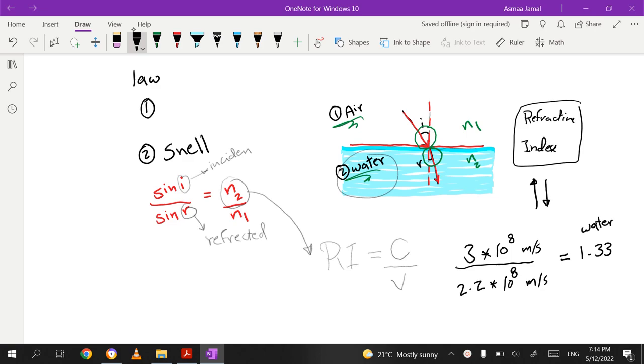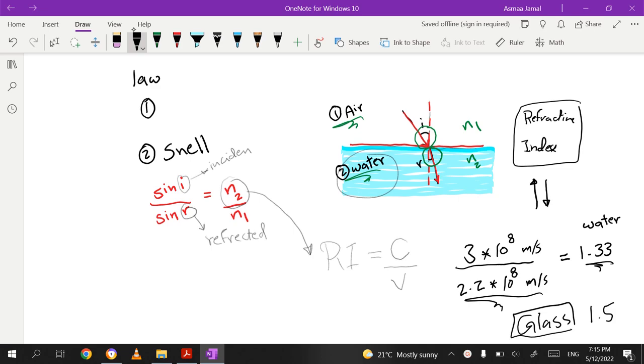Each medium has a different refractive index and different speed of light. For example, glass has a refractive index of 1.5. Of course, it depends on the type of the glass. Is it crystalline glass? Is it French glass?